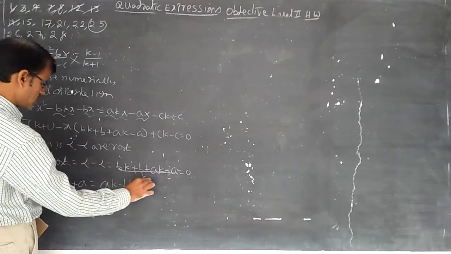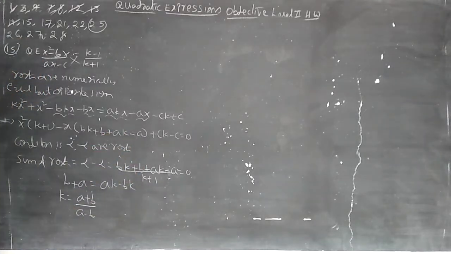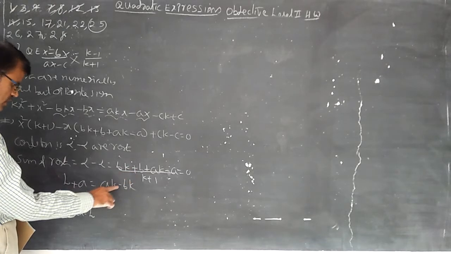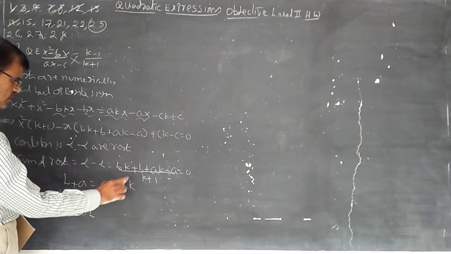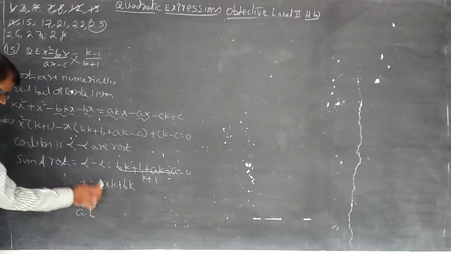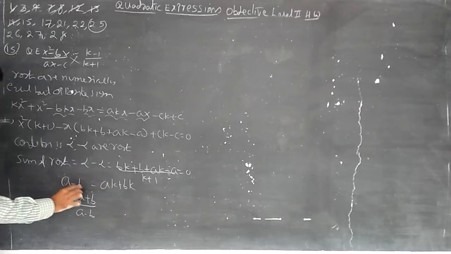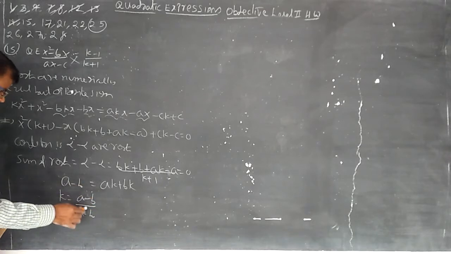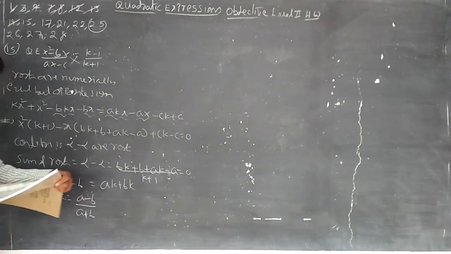This one also you write k plus 1. So 0 taken to the side, then we got bk plus ak. So ak plus bk you write here, and a minus b is equal to ak plus bk. So k is equal to a minus b by a plus b.